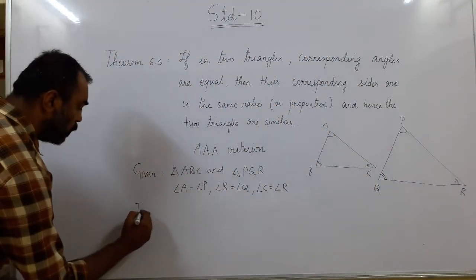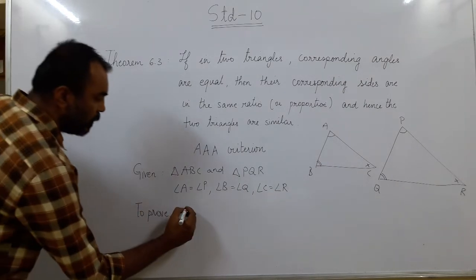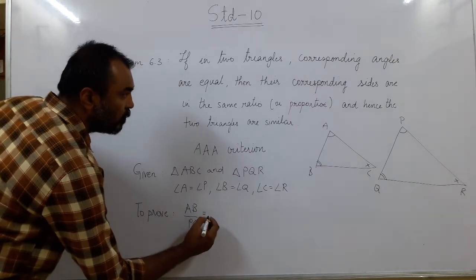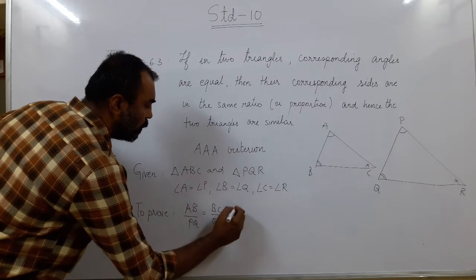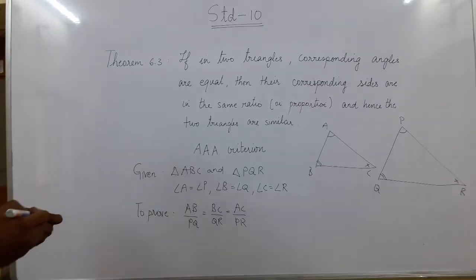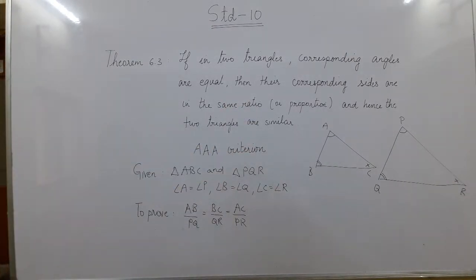What we have to prove? We have to prove that the sides AB upon PQ equal to BC upon QR equal to AC upon PR. So actually there are 6 conditions for similarity, but here 3 are given, that the angles are equal.